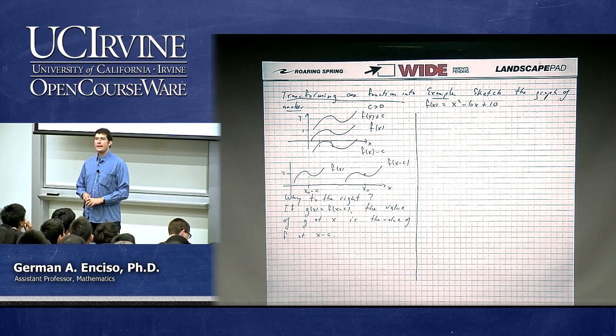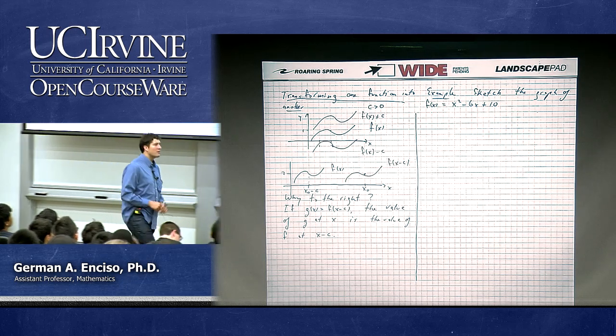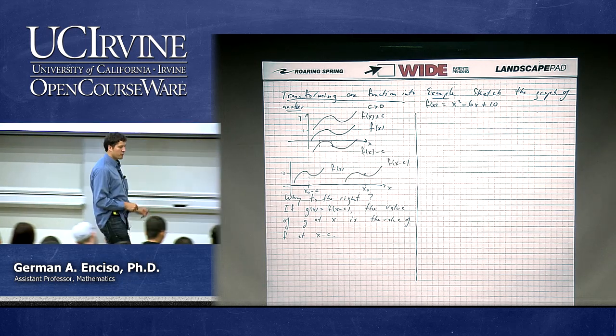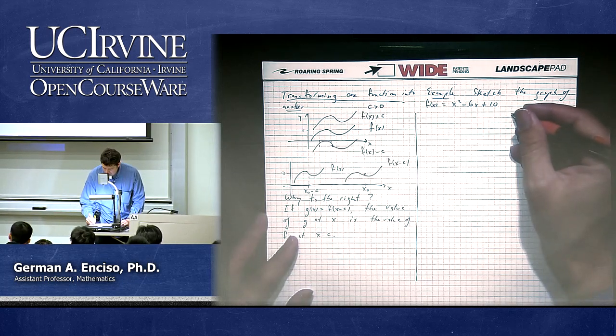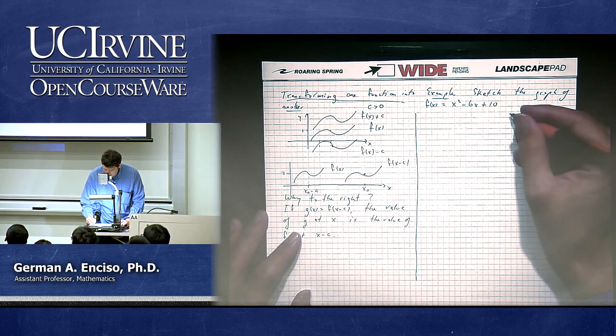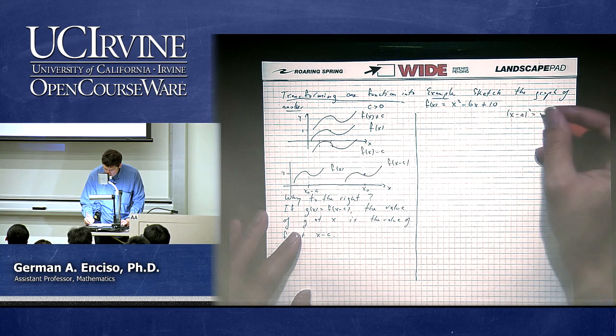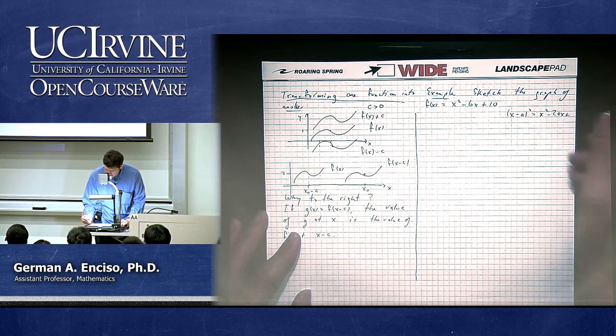In order to factor it out, we would like to use these binomial formulas, right? So I'm going to write the binomial formula over here just for you guys to remember. Let's write it like this: x minus a squared is equal to x squared minus 2ax plus a squared.